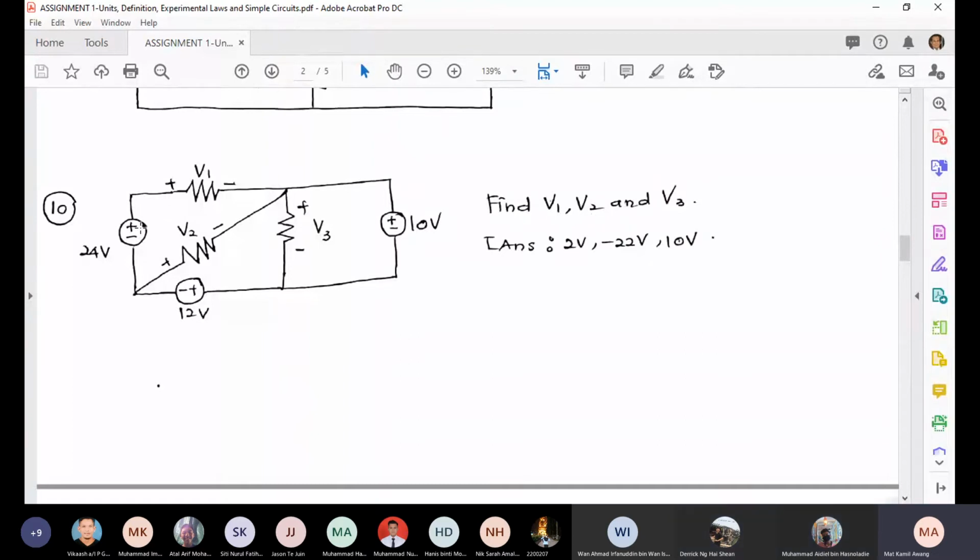Because the total in this loop must be equal to 0, KVL. So this is minus 22 plus 24 plus 2. So V1 must be 2 volts. Okay.